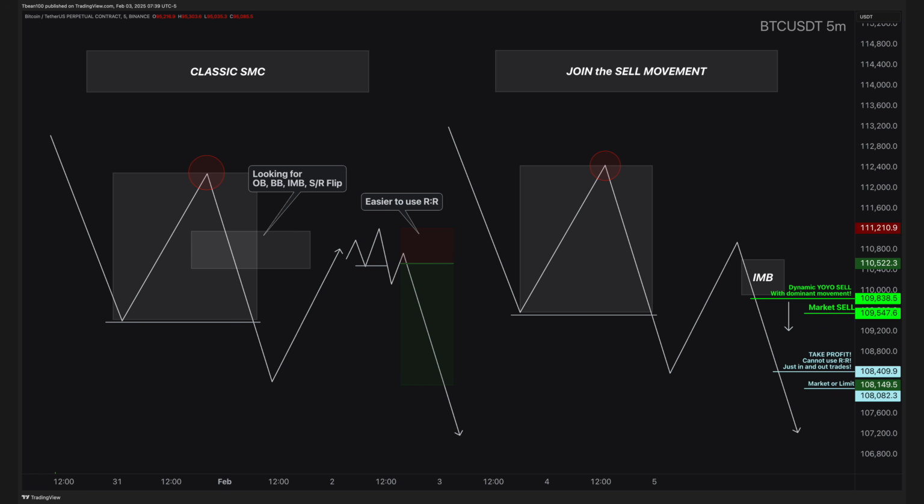But with only the imbalance model, which is very similar to the rally strategy, you do not need to go into deeper time frames. You directly short when you see a big movement that creates an imbalance. Of course, you shall only do this with the main direction of the market. In this case, with the crash with Donald Trump.